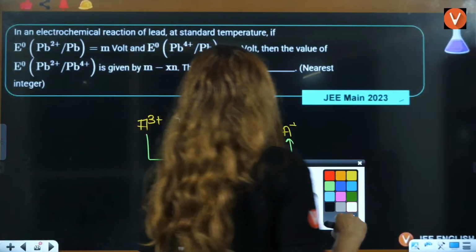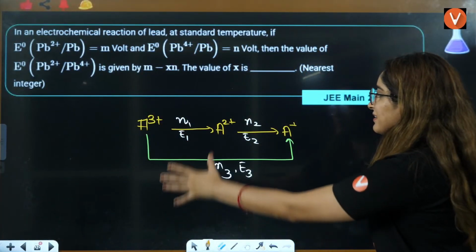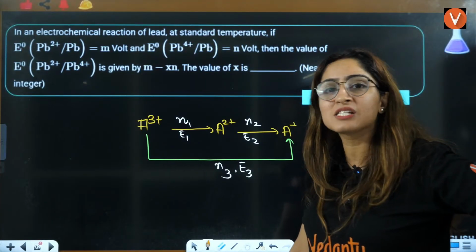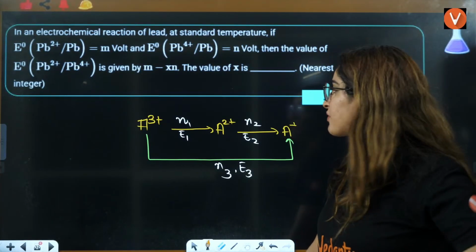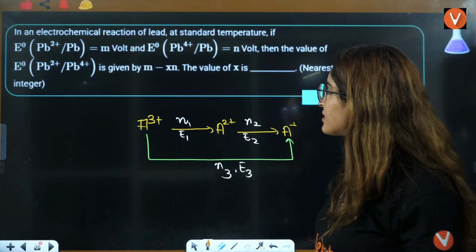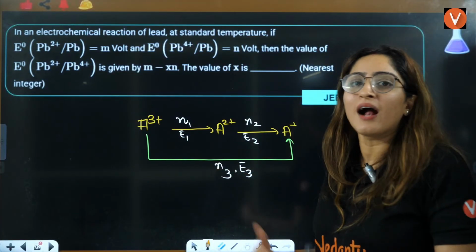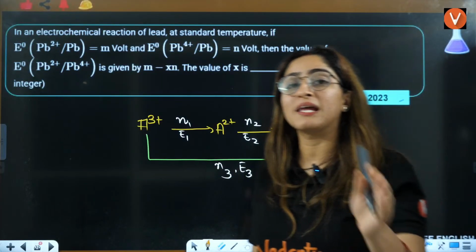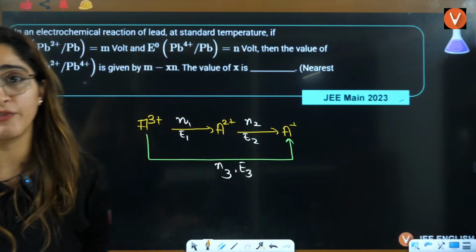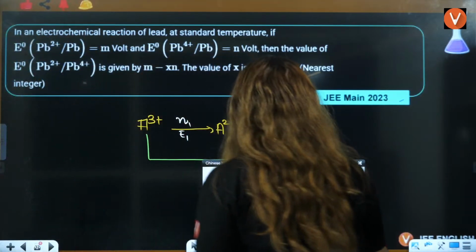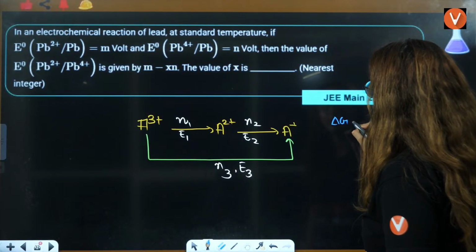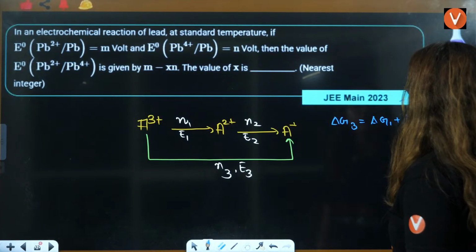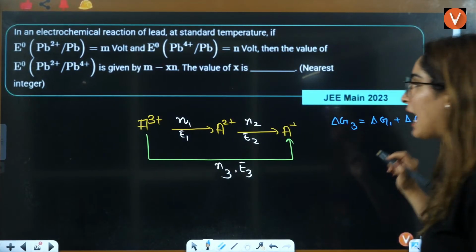Now, when this kind of situation is given to you, and they give E1 and E2 and ask you to calculate E3, you can't just say E3 is equals to E1 plus E2, because electrode potential is not at all additive in nature. But Gibbs free energy is additive in nature. So that is the reason we calculate it this way.